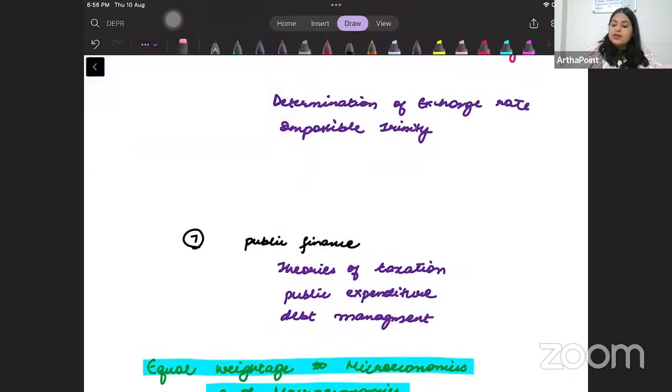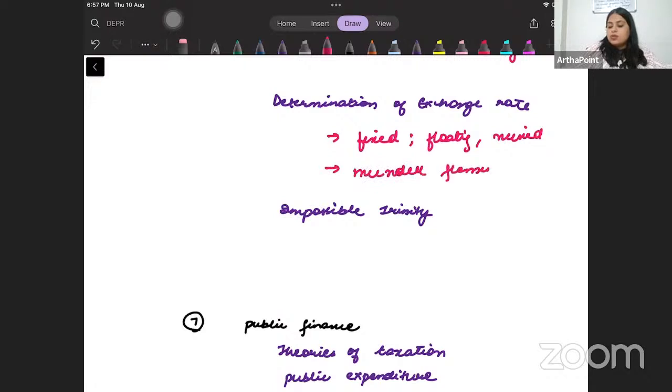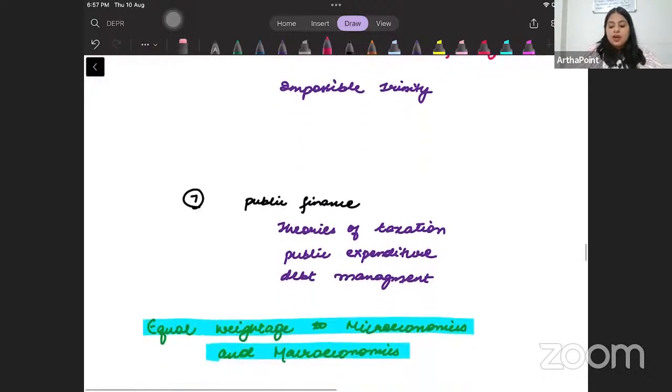Okay, beta. Next comes determination of exchange rate. When I talk about the determination of exchange rate, you should not only be aware of this, you should be aware about fixed, floating, mixed exchange rate, and the most important model, which is the Mundell-Fleming model. So you should be aware about the Mundell-Fleming model also. Okay. Next comes the impossible trinity. I'm giving you this as a test.